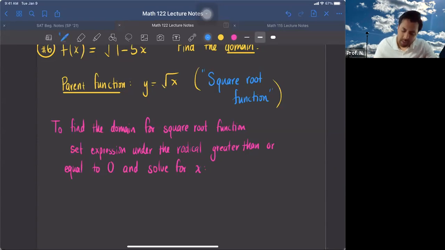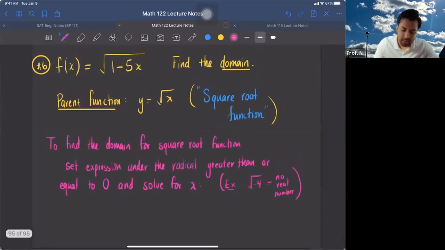For example, the square root of -4, right? There is no real number. It's undefined in the real number world. In the imaginary complex world, there is a number, 2i, but we're not going to deal with that.